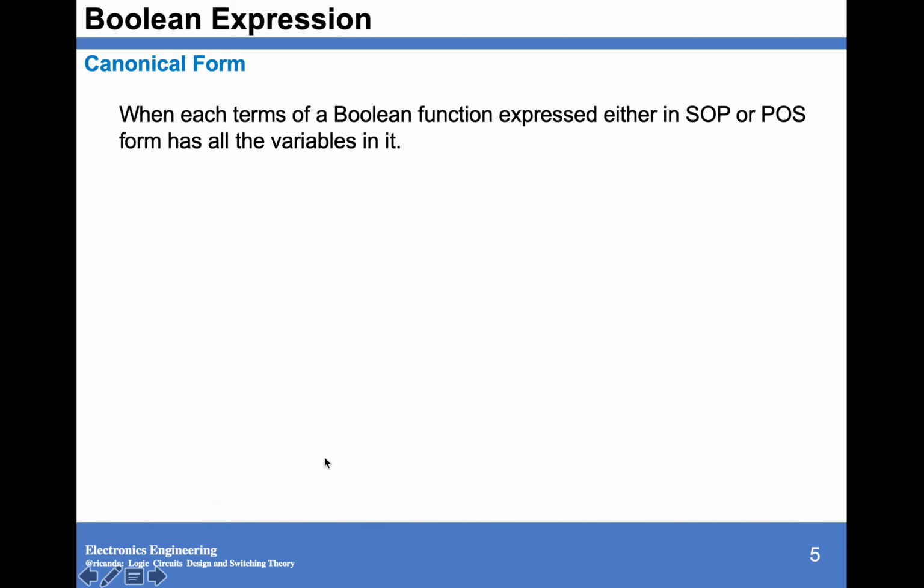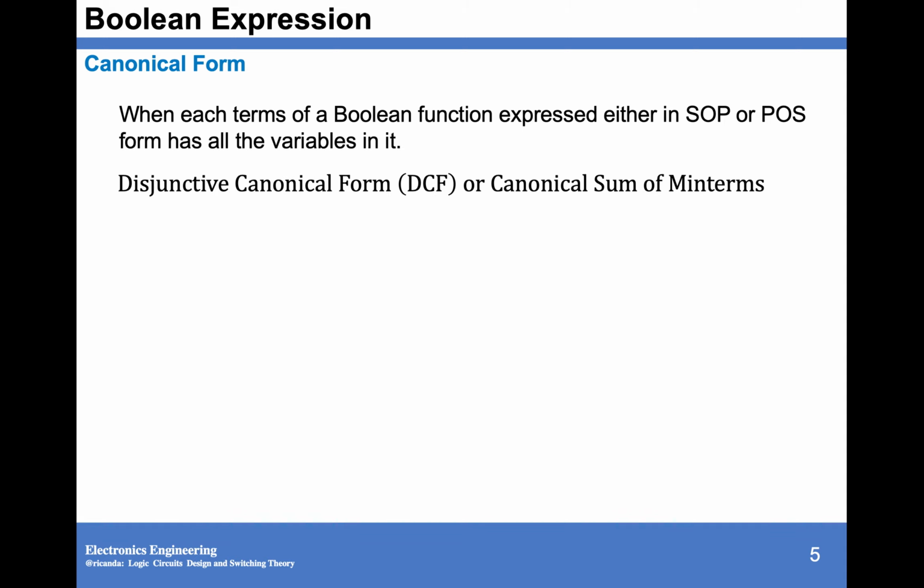For the canonical form, each term of the Boolean function expressed either in SOP or POS has all the variables in it. So if we have 3 variables or 4 variables in that particular expression, each term must be expressed on those variables. We also have the disjunctive canonical form, or canonical sum of minterms.